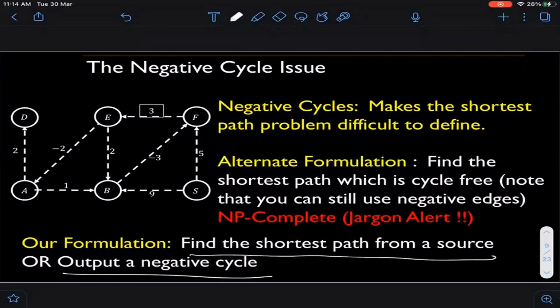I'm changing the formulation a little bit so that now the problem is well defined. Any questions about this so far? In particular, for this example, I'm just asking you to find an algorithm which will output that there is a negative cycle, and then I won't ask you to find the shortest path.